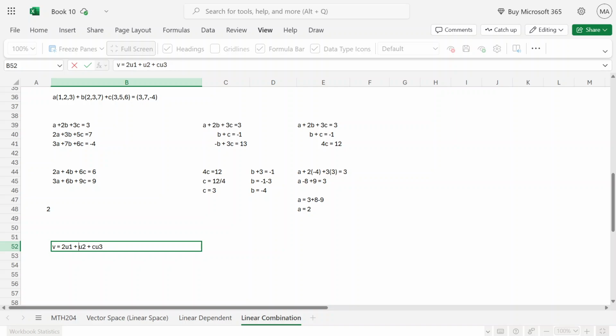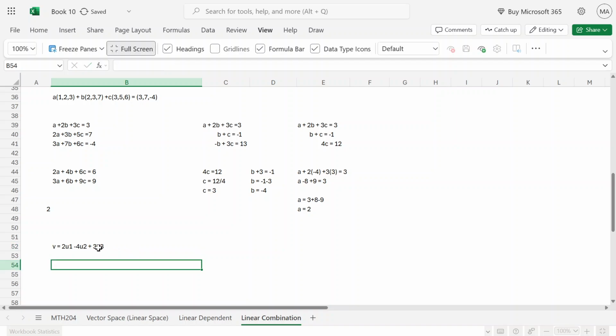So then instead of plus, it will be minus what? Minus 4. And this will be what? That's it. So v equals 2u1 plus minus 4u2 plus 3u3.